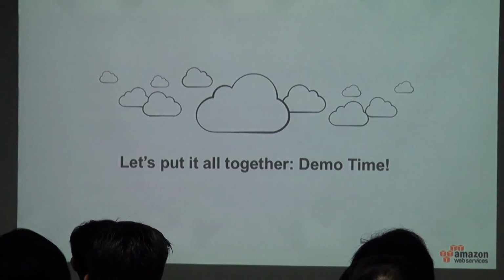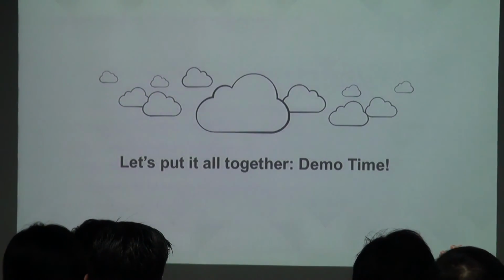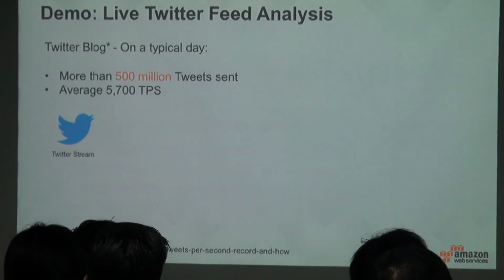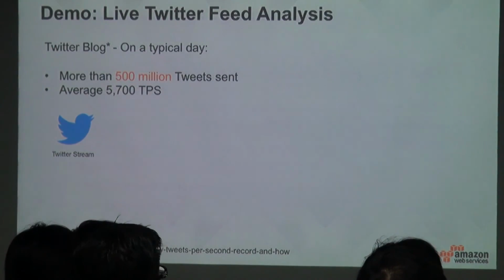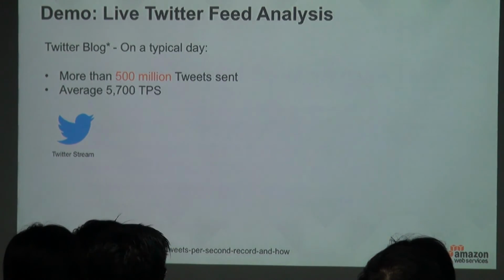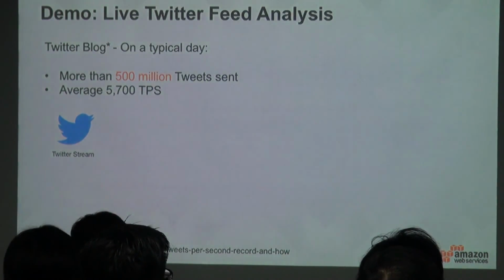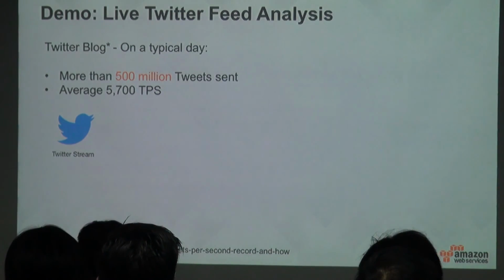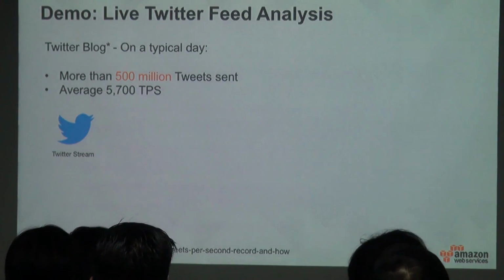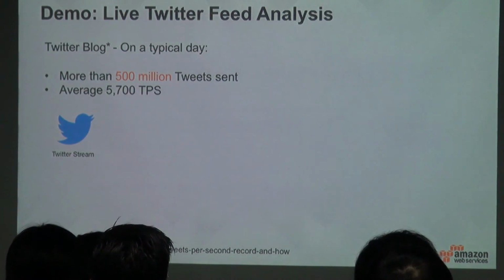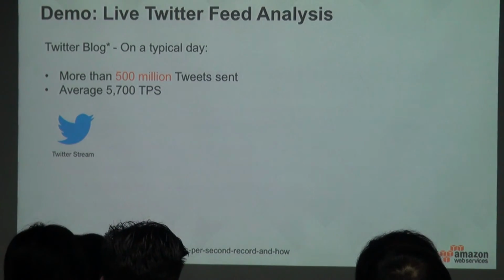Now, what I wanted to do is just show you a little demo on how we could put this together. So what I figured is, how about we create a little live demo where we actually work on large amounts of data. One thing that comes to mind is obviously Twitter. With Twitter, this is 2013 statistics by the way, we get about 500 million tweets a day, and an average of about 5,700 tweets per second.